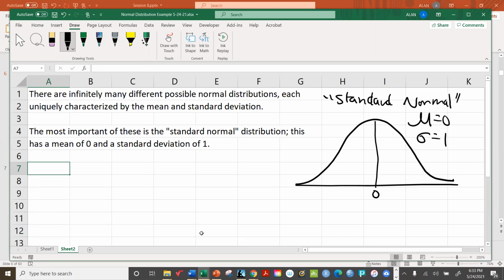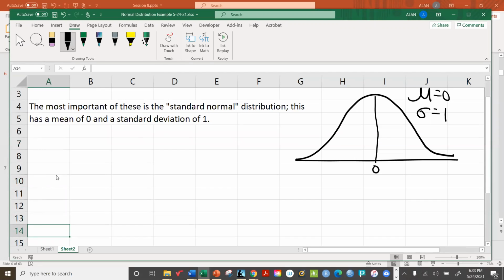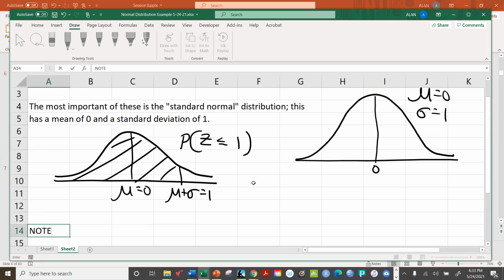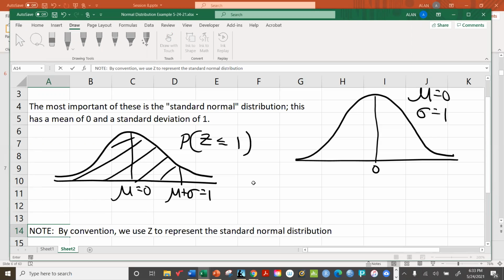So let's say, for example, we're looking for something like this. Suppose I want to know the probability. Oh, by the way, we're going to use the letter Z. I just want to mention this here. By convention, we use Z to represent the standard normal distribution.